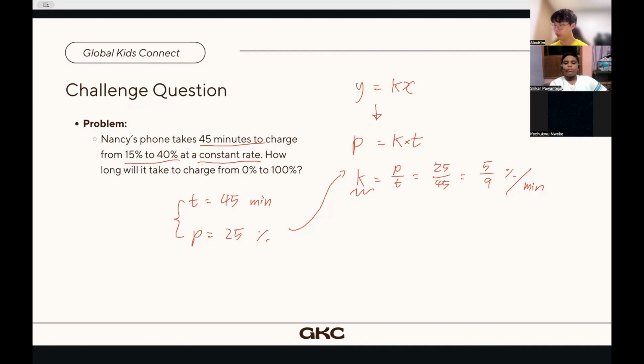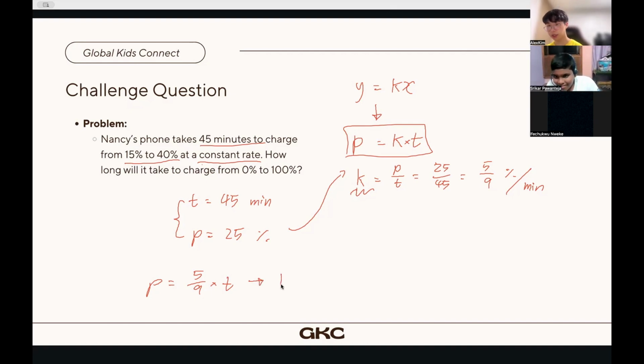And so the question asks for how long will it take to charge from 0% to 100%. So we can rewrite our linear equation here as p equals k, being 5 over 9, times t. And so we know that the percentage that it needs to be charged from 0 to 100 is 100%.